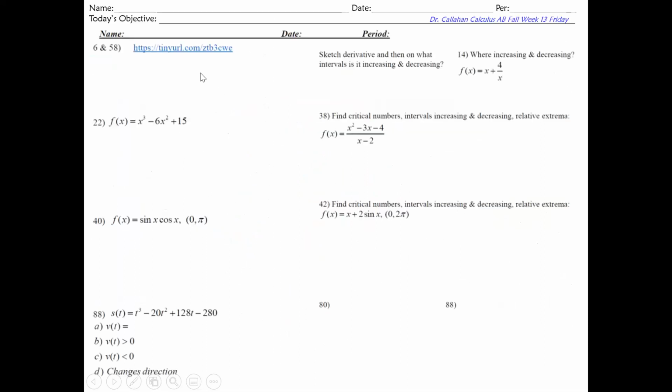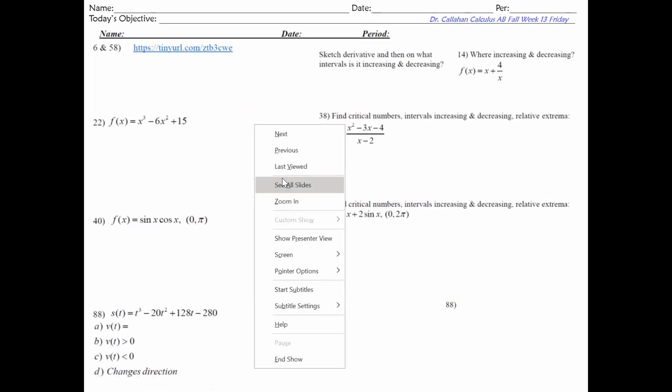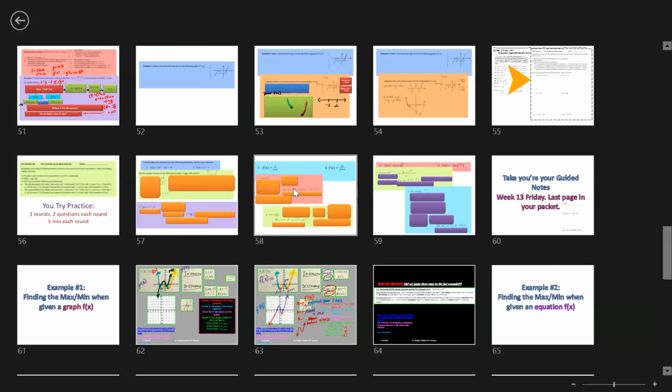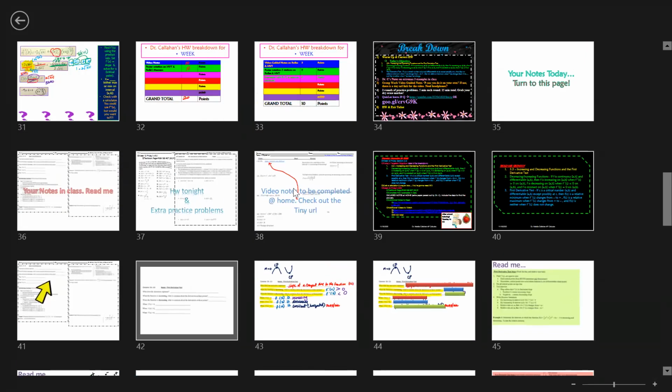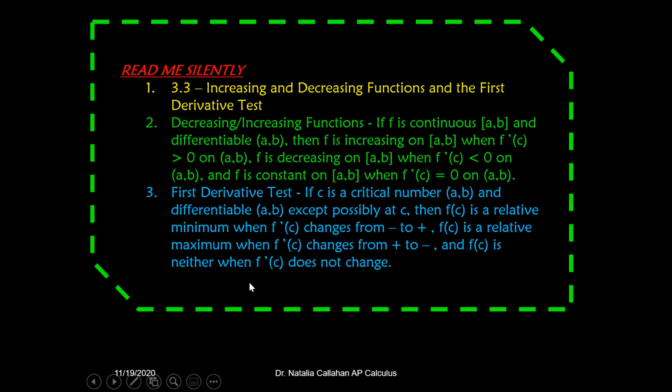Then if you still need some additional practice, I have a video right here that actually goes over some of the questions from your textbook itself. You can just simply click on the video right here or type it in and then watch the video with your guided notes. And these 3 pages are in your week 13 Friday note packet. All right, so with that said, let's go ahead and take a look at this and get going with it. So find that in week 13 Friday.